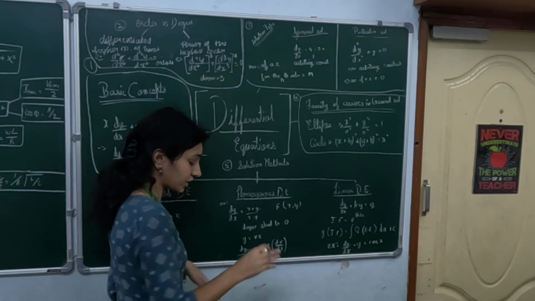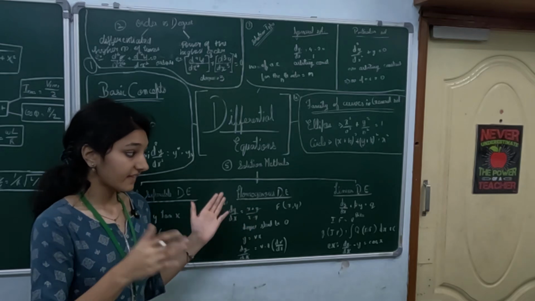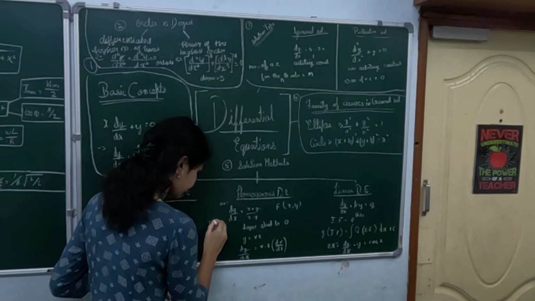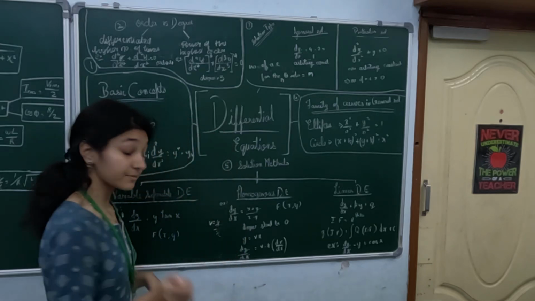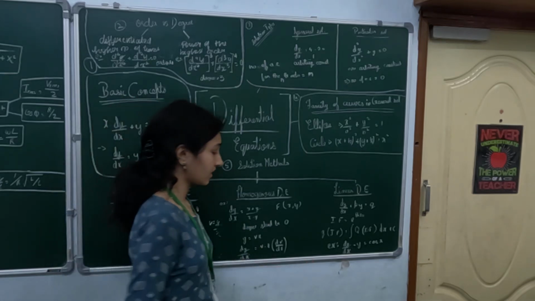After differentiating, we get an equation in v, and we substitute v is equal to y by x in the last equation to get the final equation.